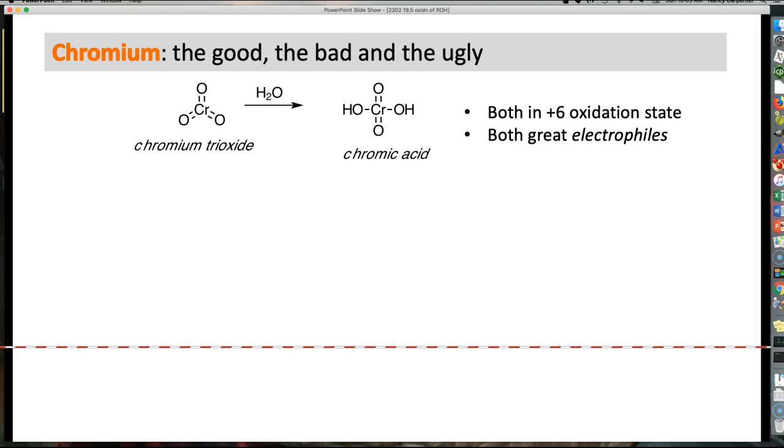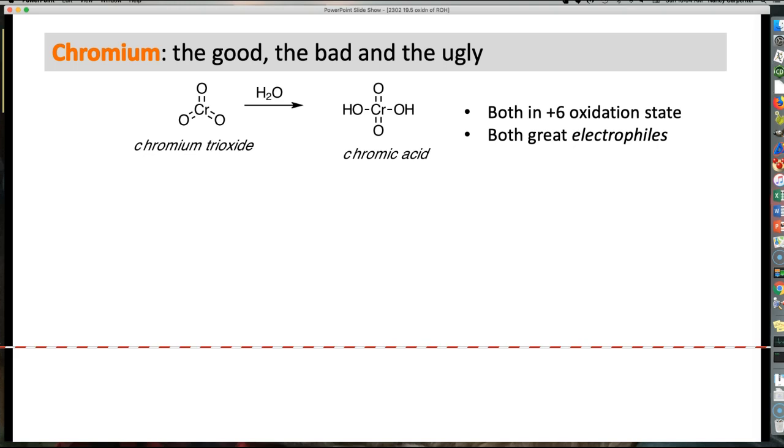As I've already said, chromium is one of the most effective oxidizing agents there is. It's still very widely used, but it's a bad actor in terms of toxicity, environmental harm, and all of the above. So what are our chromium reagents that we rely upon?